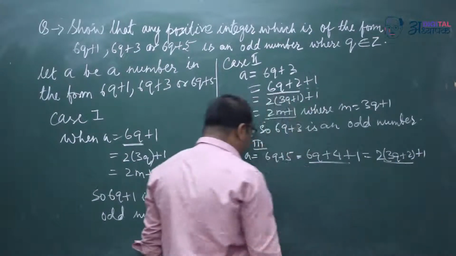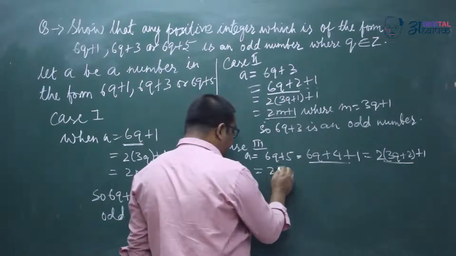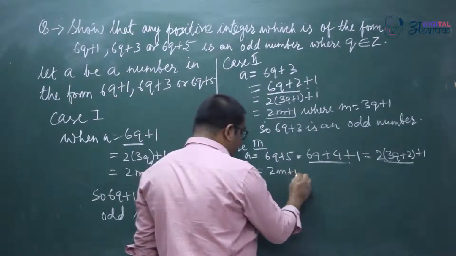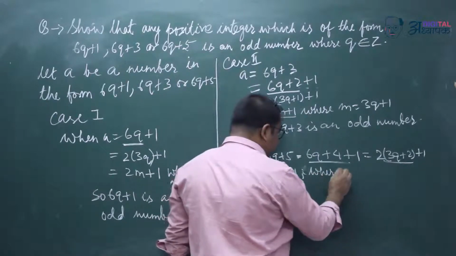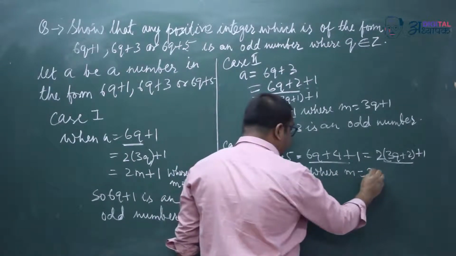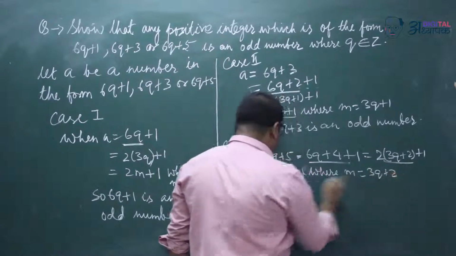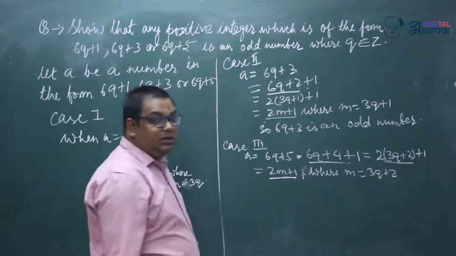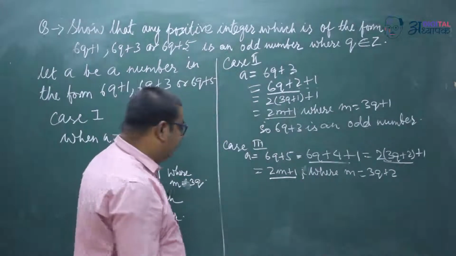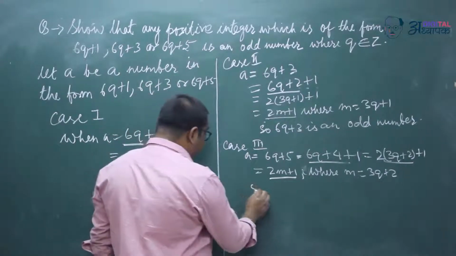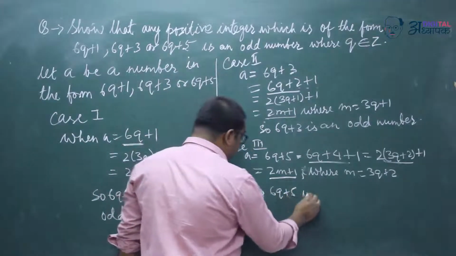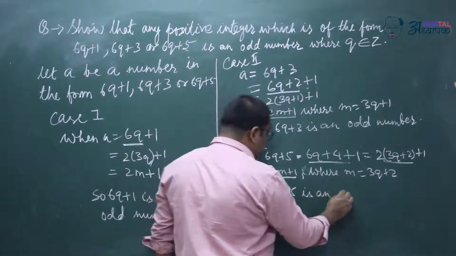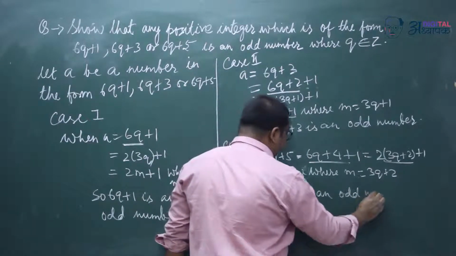This 3q plus 2 is equal to m. So we can write 2m plus 1, where m is equal to 3q plus 2. So again we have got the form of 2m plus 1, which is the form of an odd number. So 6q plus 5 is an odd number.